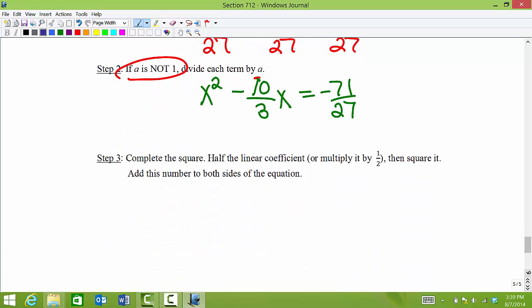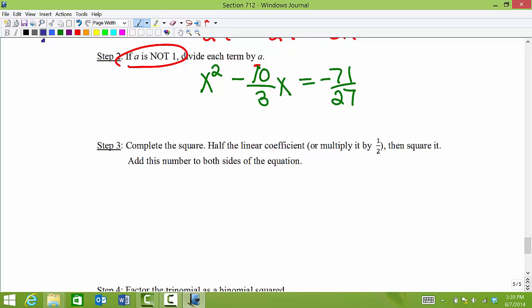Now we want to complete the square. Same thing as last time, we will take half of that linear coefficient, which means that we are going to multiply that by 1/2. And once again, we want to reduce as we go.